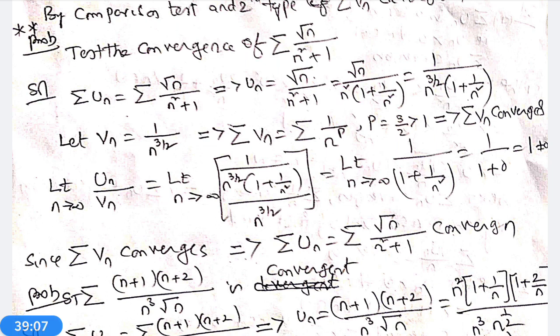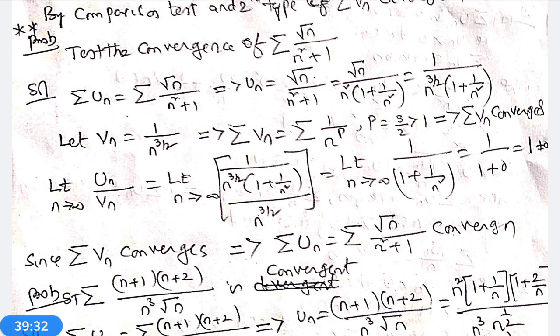Limit n tends to infinity u(n) by v(n) is equal to limit n tends to infinity 1 by n power 3 by 2 into 1 plus 1 by n square, whole by n power 3 by 2, is equal to limit n tends to infinity 1 by 1 plus 1 by n square, is equal to 1 by 1 plus 0, is equal to 1, not equal to 0.